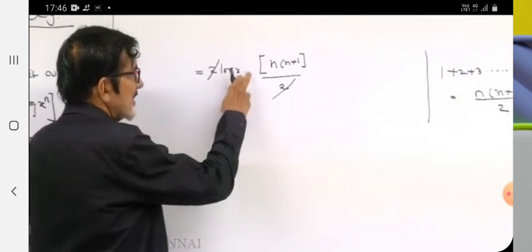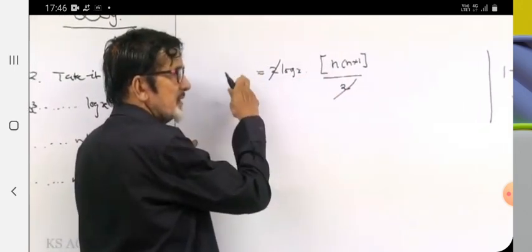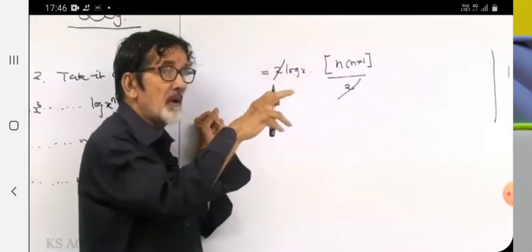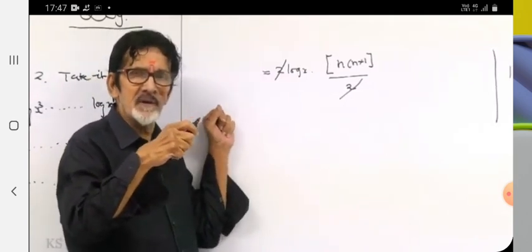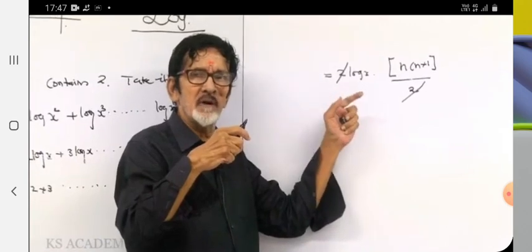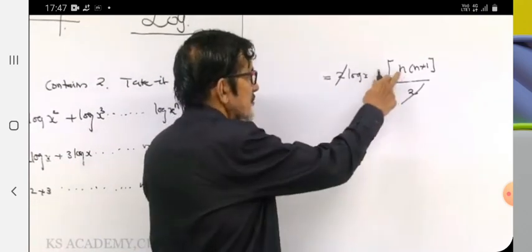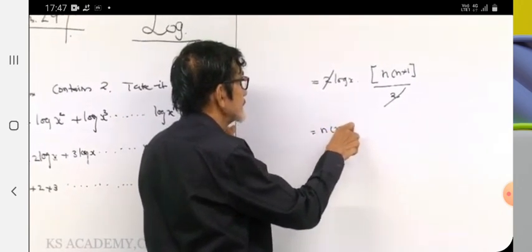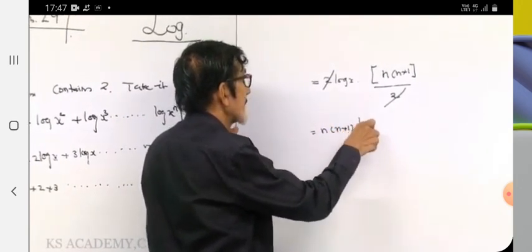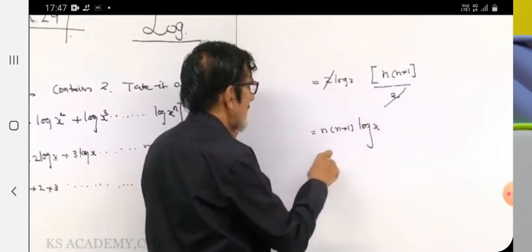Final answer: the preceding quantity first you have to indicate. Log quantity you always have to write lastly in the final answer. While writing the final answer, the log quantity should be shown last. This you can show first. Base is not given.